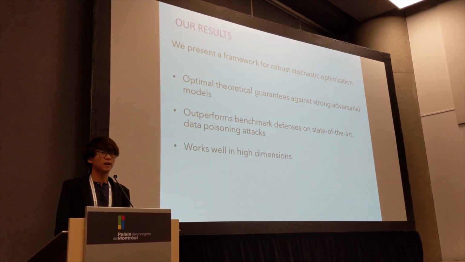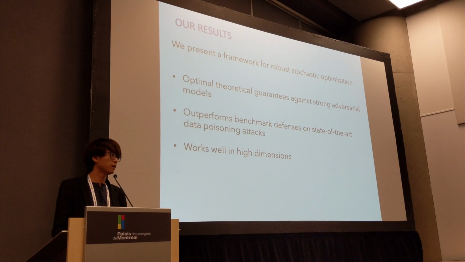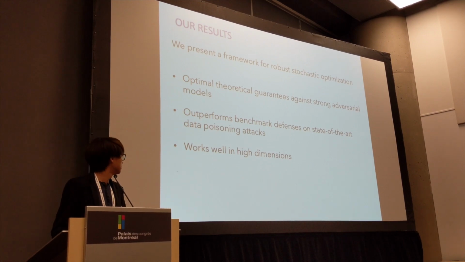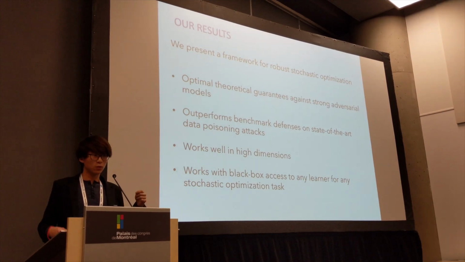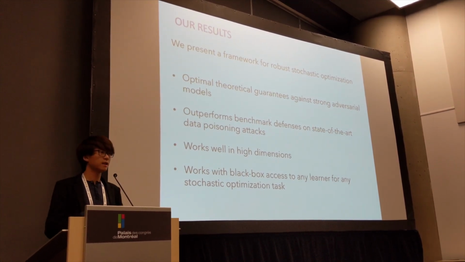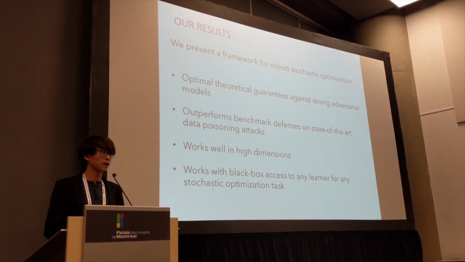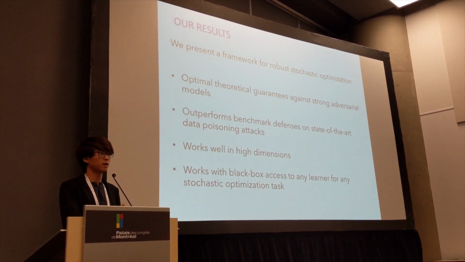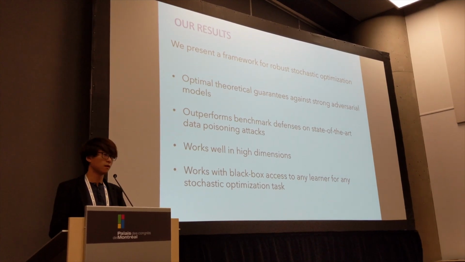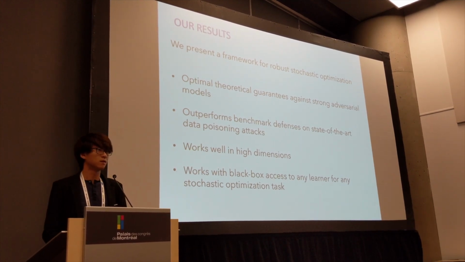Third, it scales very well to high dimensions. So we can run this in very, very high dimensions, and it works fine. And finally, it's very general. It works with just black box access to any learner for more or less any stochastic optimization task. You just plug it on top of any non-robust learner, and it just automatically makes it robust. Of course, there are caveats here, but this is generally correct.